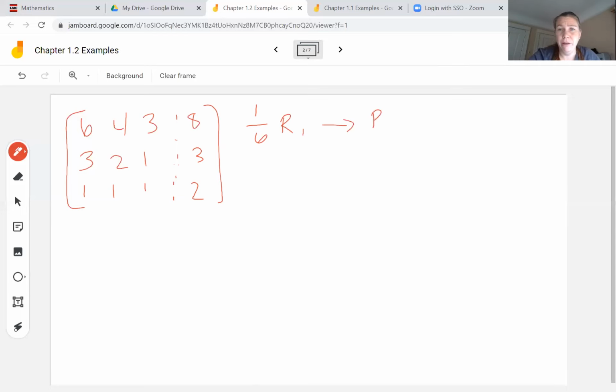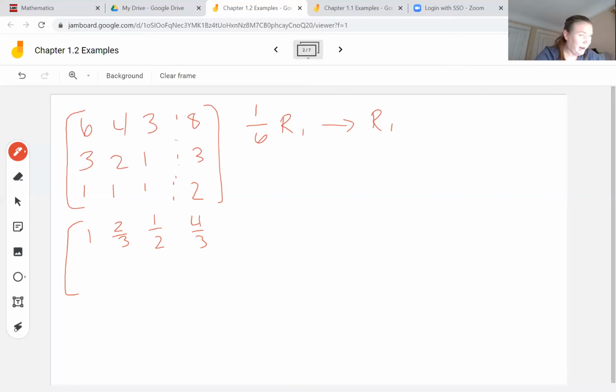And I'm going to make that my new row 1. So then my new corresponding matrix is 1, 2/3, 1/2, and 4/3. So I've just multiplied each of those values by 1/6. As long as we apply the same constant to every value, that is just fine for us to do in terms of matrix manipulation, just like with the system of equations.